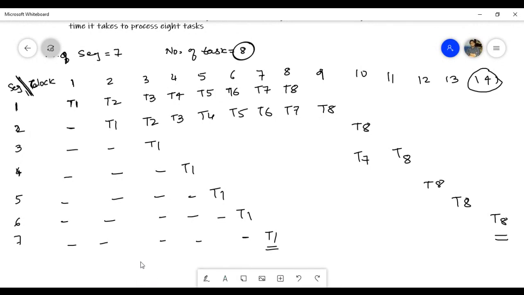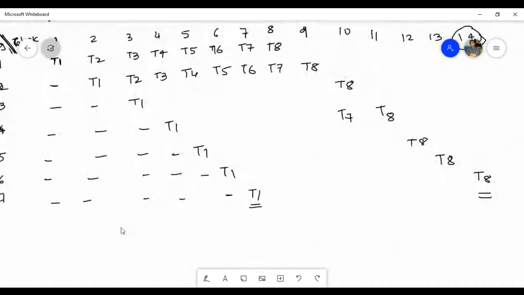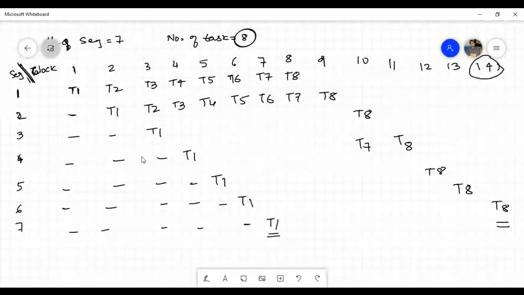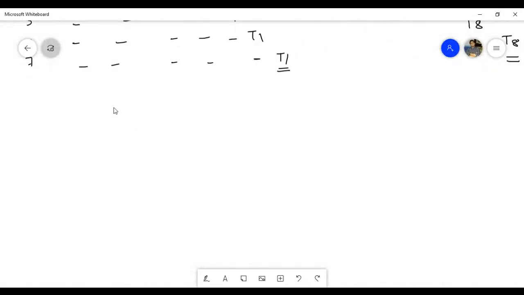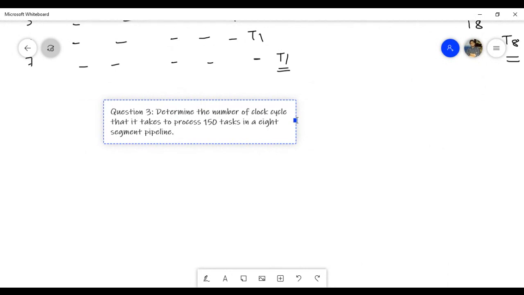We have some other technique also. If you don't have a space-time diagram, how can we calculate using a formula? We have a simple formula to calculate this.